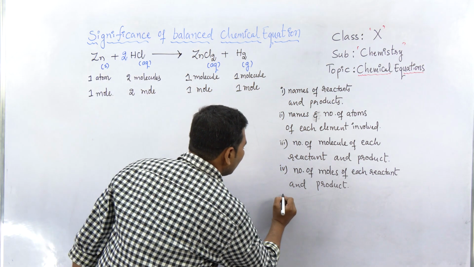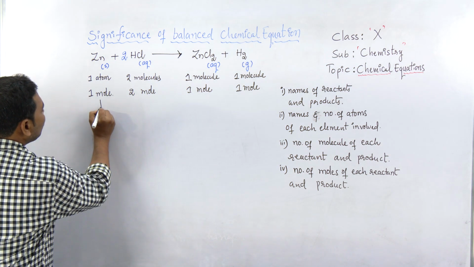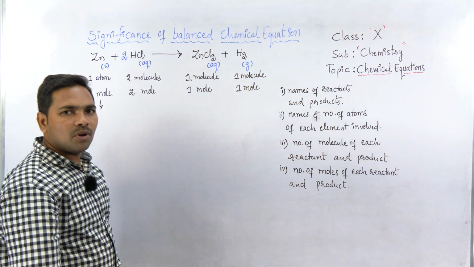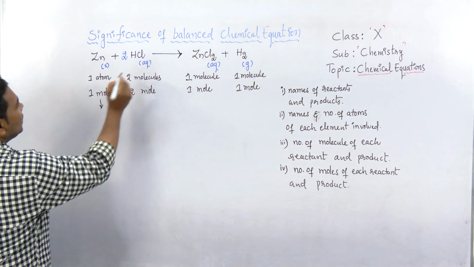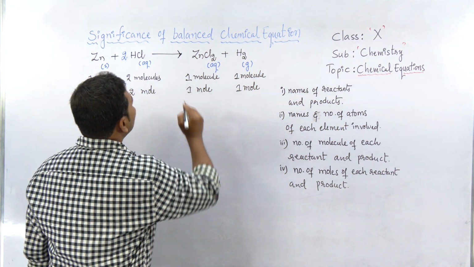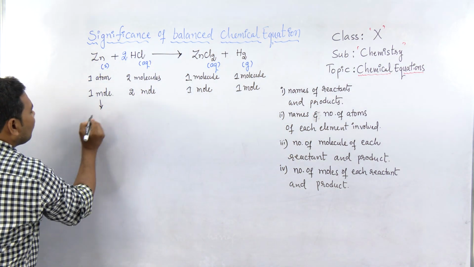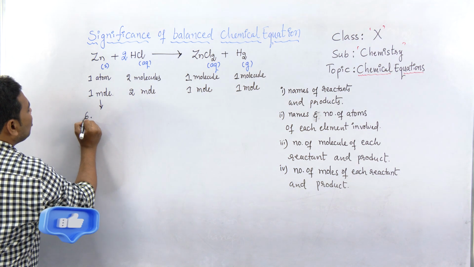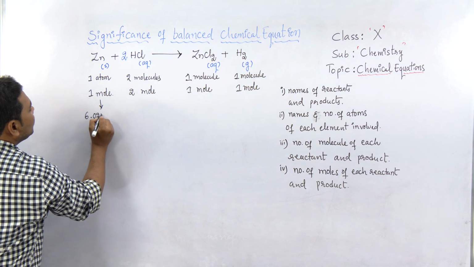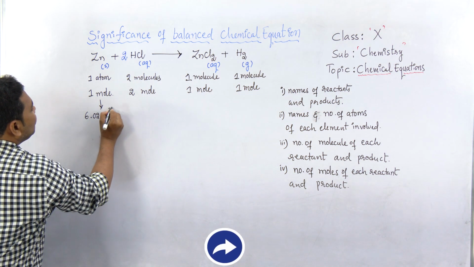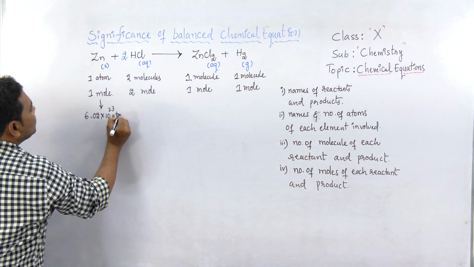And also, each mole represents Avogadro number of particles. So here 1 mole, generally 1 mole represents 1 Avogadro number, which is nothing but 6.02 into 10 to the power 23 atoms.